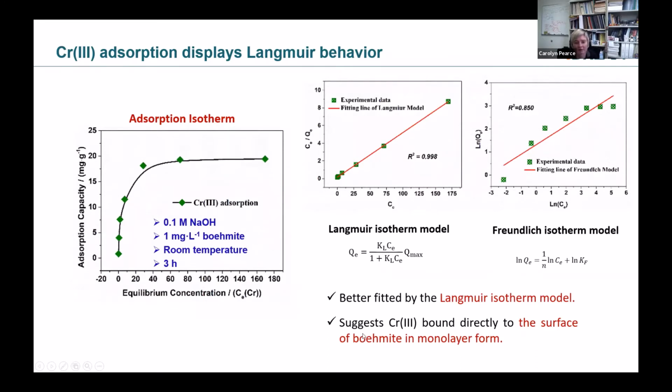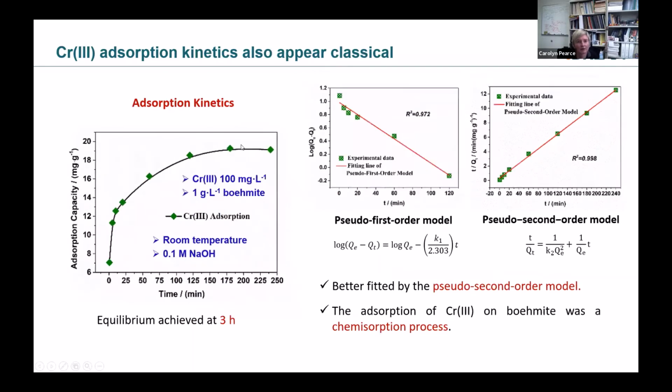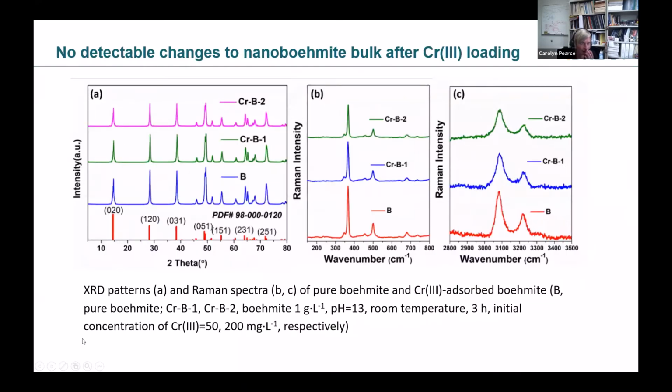So that tells us that the chromium is bound directly to the surface of the boehmite in a monolayer form. Looking at the kinetics, that gave us some information on the adsorption process, and confirmed that it was a chemisorption process. And we could confirm that by doing the diffraction of the boehmite after reaction with the chromium, and there was really no change.